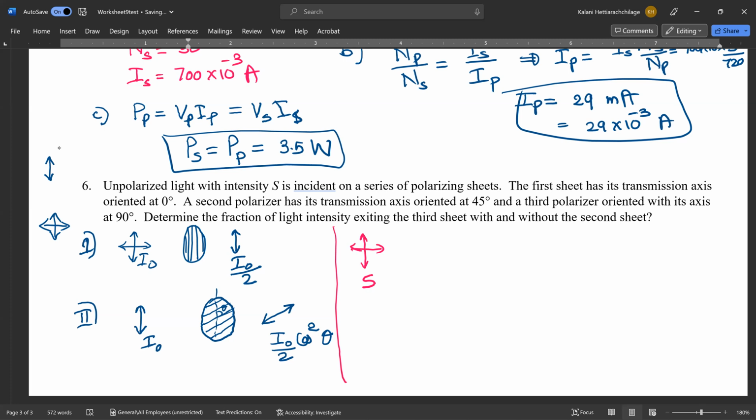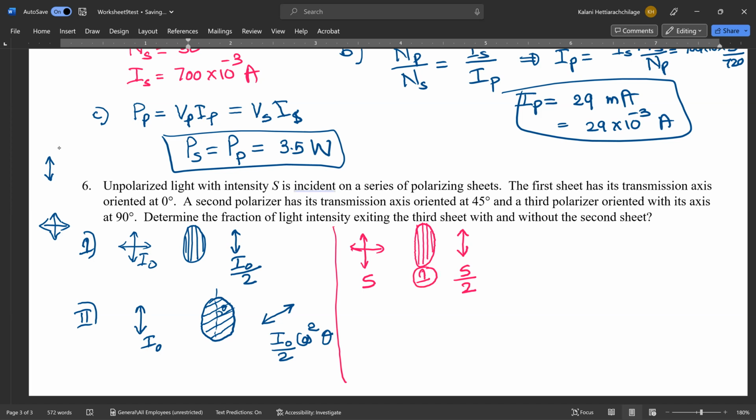Zero degrees is measured with respect to your axis and the incoming light. So this will transfer only the vertical light, which will be S divided by 2. That is your first polarization sheet.